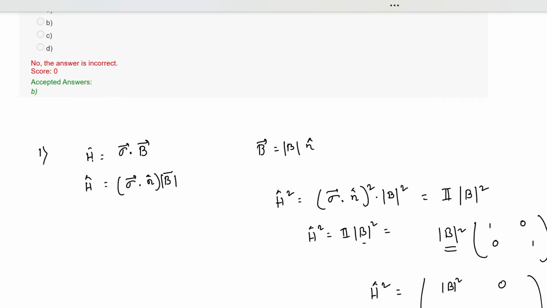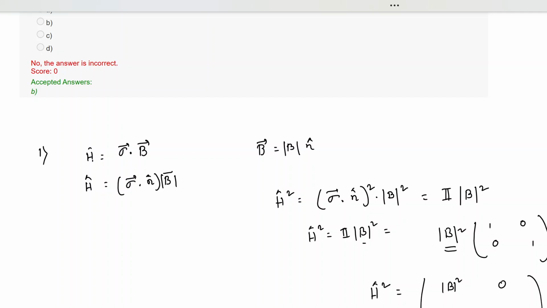You can also check it from here: if this is your matrix, then how do you find the eigenvalue? You take the matrix minus lambda I equal to 0, where lambda is the eigenvalue of the H square matrix.